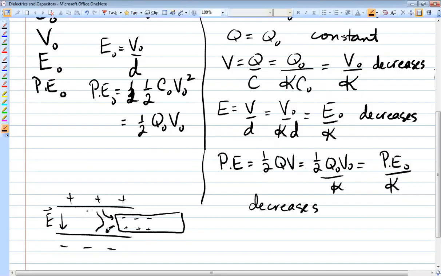This distortion of the electric field lines creates a force that actually sucks this dielectric in. There's now a tangential component of the electric field, and the dielectric gets sucked in. That's where the energy goes. It's used to suck in the dielectric.